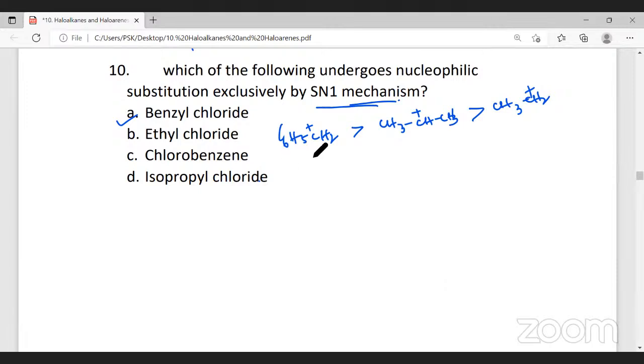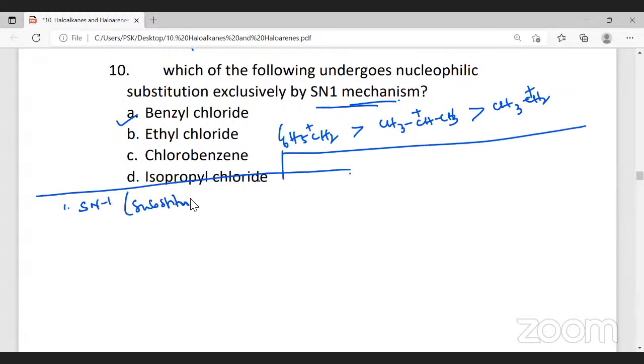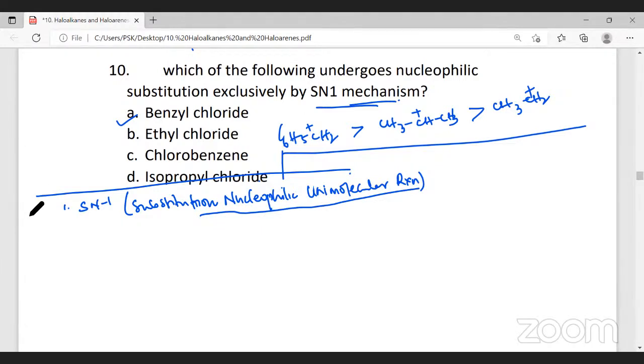Now first we will write the SN1 mechanism. Substitution, nucleophilic, unimolecular reaction. That's called the SN1 mechanism. Sometimes teachers will write it like this, so either way you can represent this.